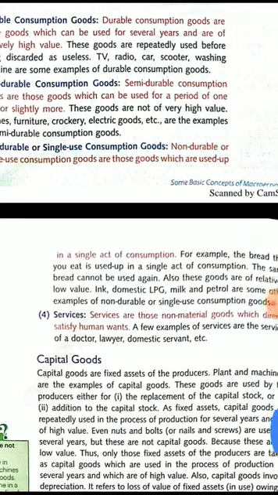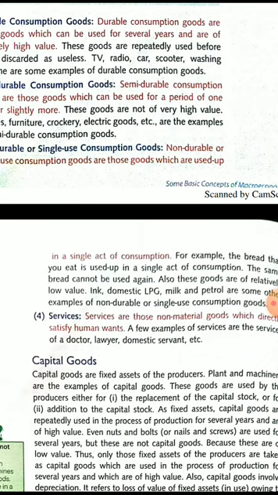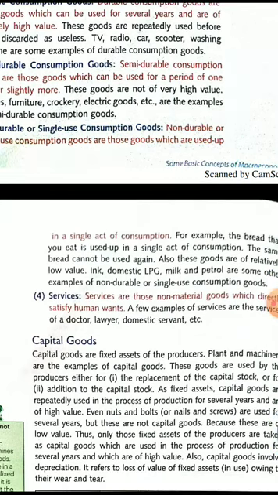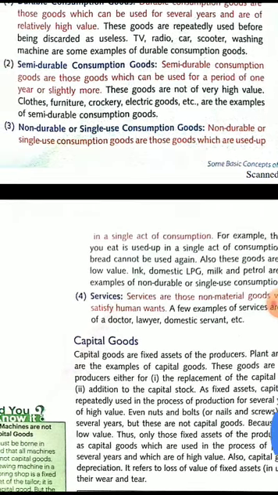You can't separate one unit of petrol from another, because all the petrol you directly put in the tank of your vehicle, so you have to use that petrol in a single use. So that is called non-durable or single use consumption goods.